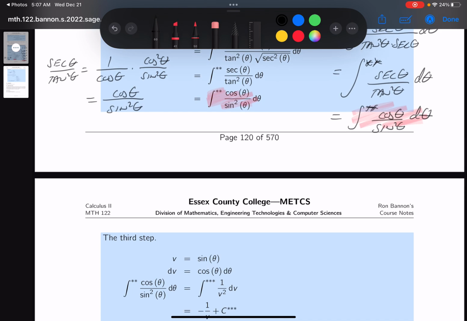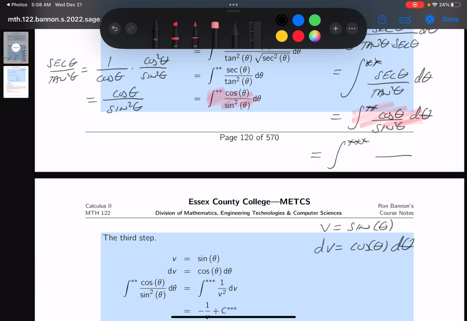I would recommend a substitution at this point. I'm not running out of letters, but I'll make v equal to sine of theta. This is my third substitution, by the way. dv is cosine theta d theta. Let's make our substitution, three stars now.